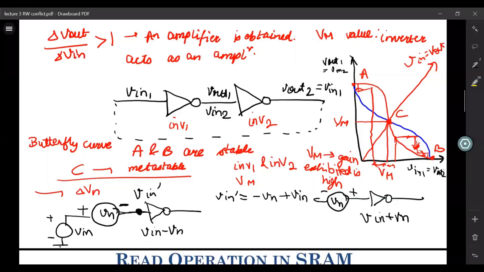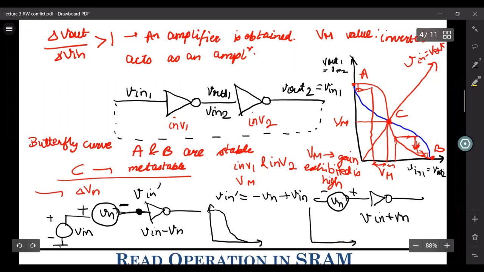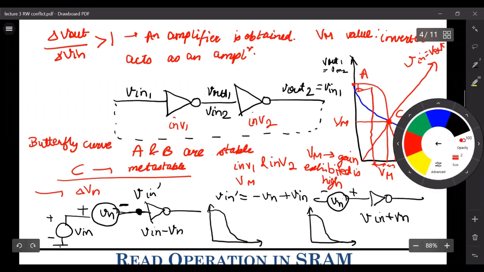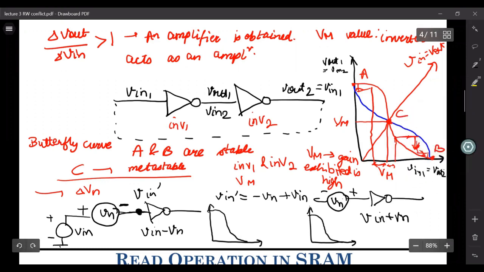Now with this information, let us look at the VTC of these two inverters in the presence of this DC offset or DC noise source. So we have this as the VTC when there was no noise present for both the inverters. Now, when the noise is present, if your effective input is Vin minus Vn, and this is VTH of N, immediately after VTH of N your curve was going from VDD towards ground, right?